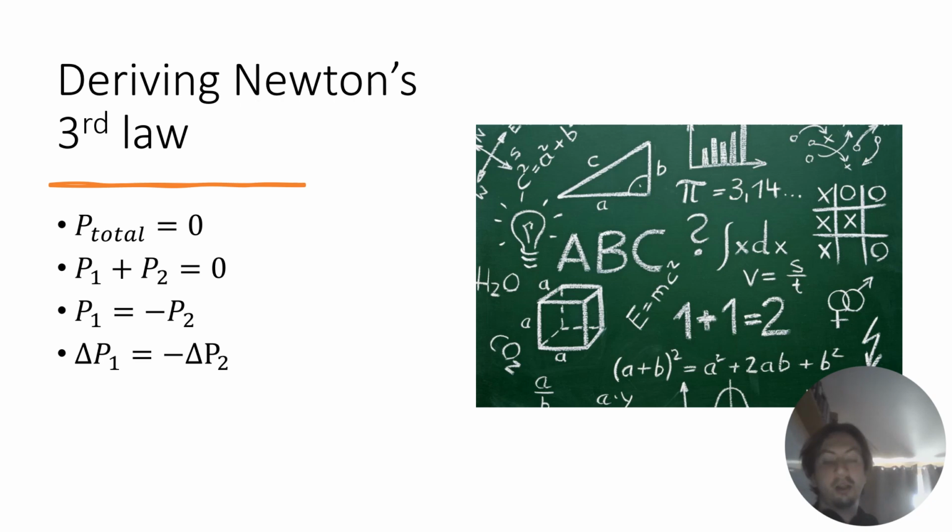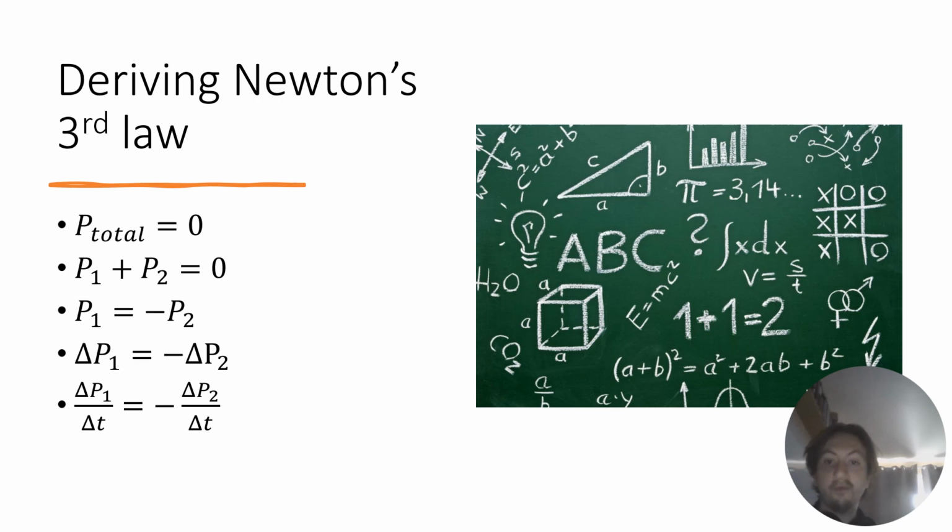So we get the change in momentum of the person is equal to minus the change in momentum of the boat. And if we divide both sides by any amount of time passed, then we get the change in momentum of the person divided by that amount of time is equal to minus the change in momentum of the boat divided by that amount of time.